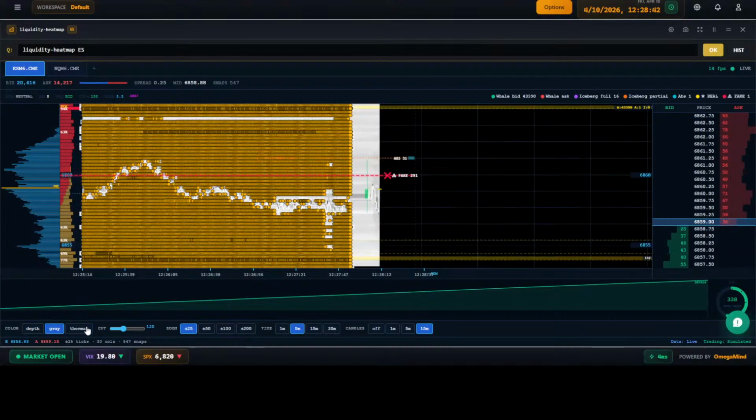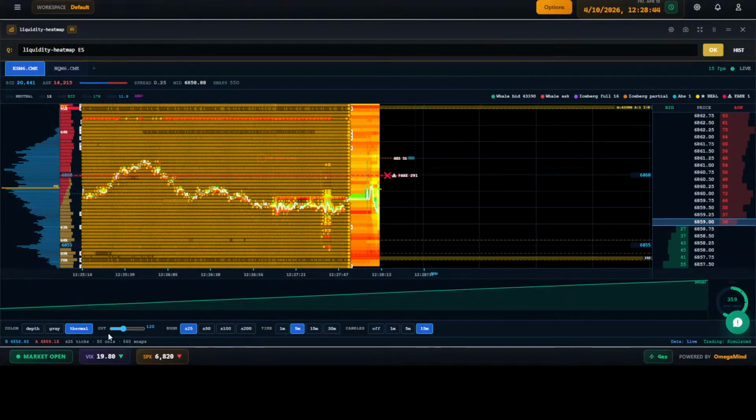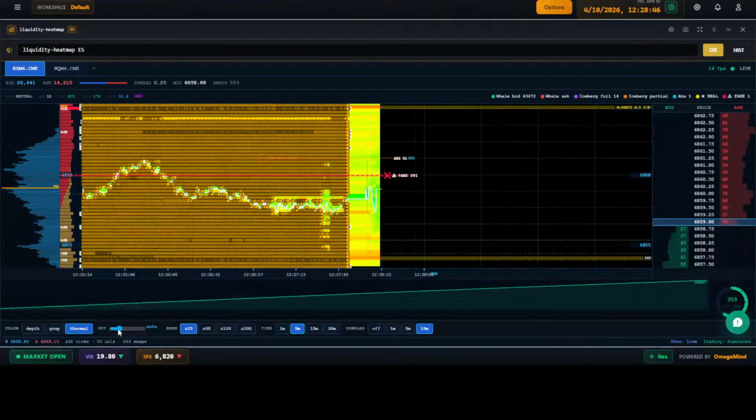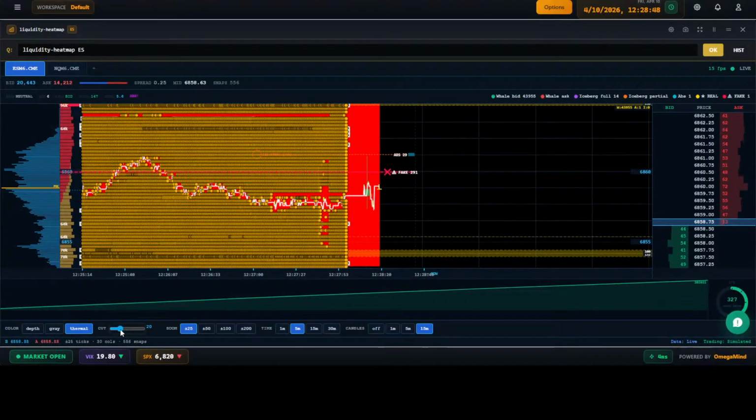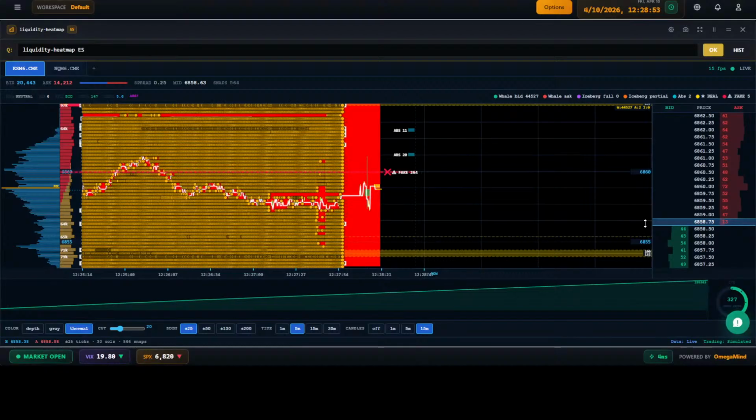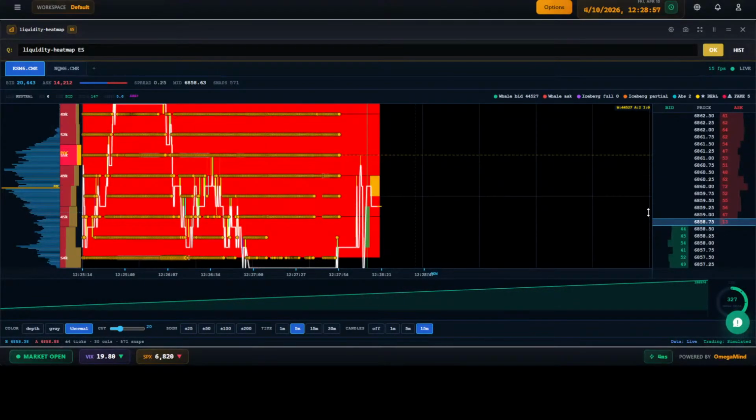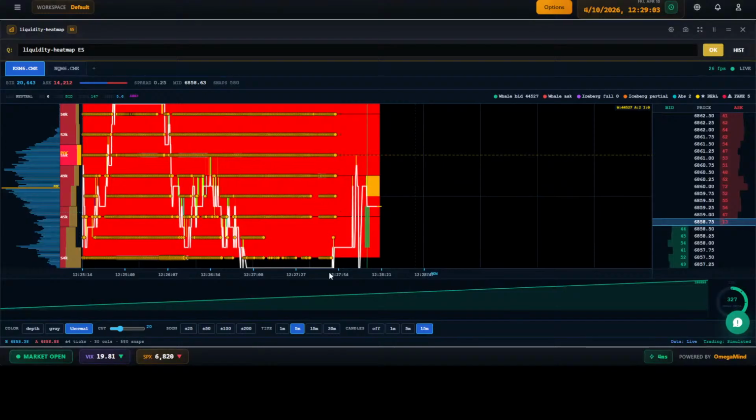And you can do gray or you can do thermal, no matter. So you click here. If you take a look, they go for 50 points. All these right here are levels with some kind of liquidity.